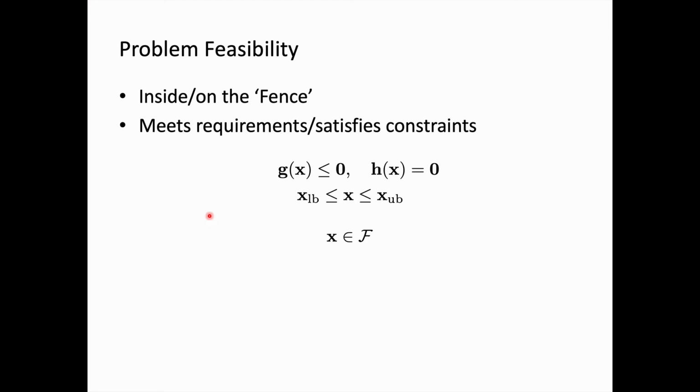With problem feasibility, we're talking about either being inside or on the fence. In engineering terms, this means that we are meeting the engineering requirements. We're satisfying the constraints. We want to satisfy all of the nonlinear inequality and equality constraints, as well as the variable bounds. And if a point does this, then we can say the point X is in the feasible set.